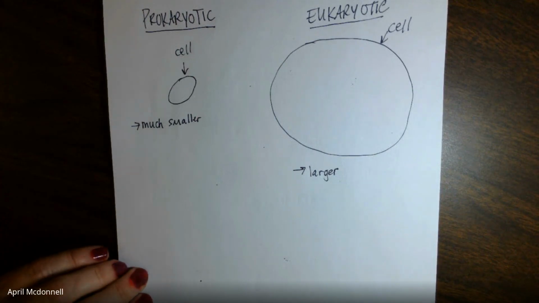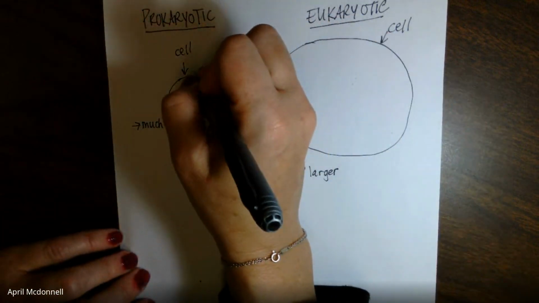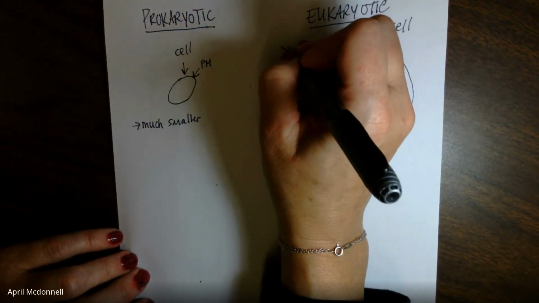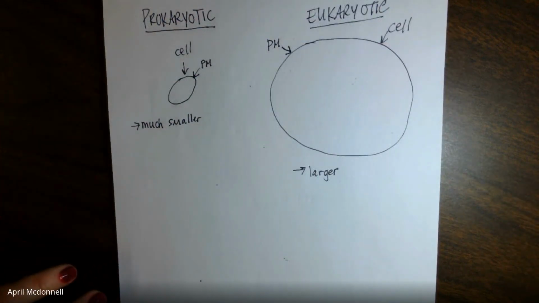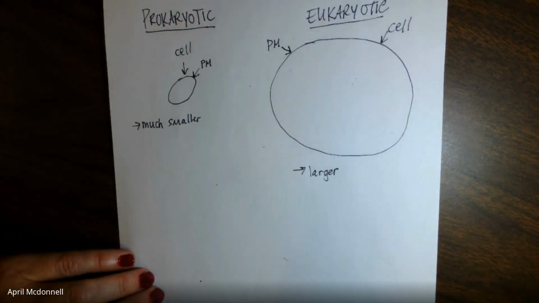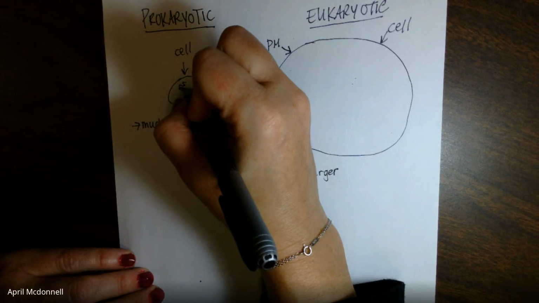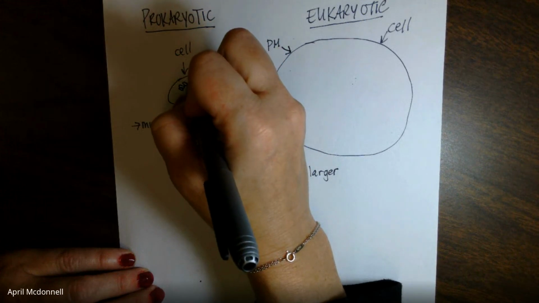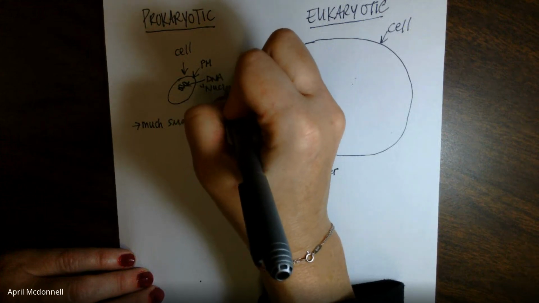Let's continue to compare the 2 different types of cells. Both cells have a plasma membrane. So that means that they have some similarities. Remember from the last problem, we said that all cells have DNA. Well, the prokaryotic cell has a clump of DNA that is coiled and condensed, and it's going to be called a nucleoid.